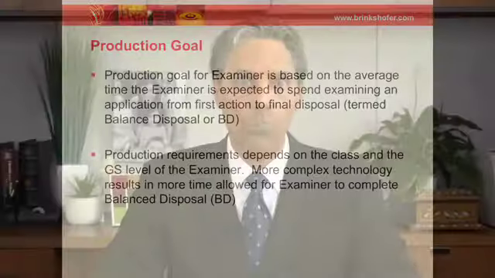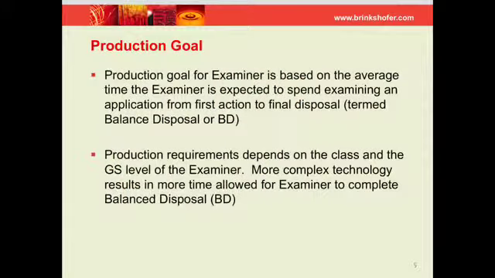Now, BD is important from the perspective of the Patent Office because it's the primary unit used by the PTO to track examiner production. In terms of production requirements, the balanced disposal depends on the class as well as the GS level of the examiner. So more complex technology results in more time being allowed for the examiner to complete the balanced disposal.